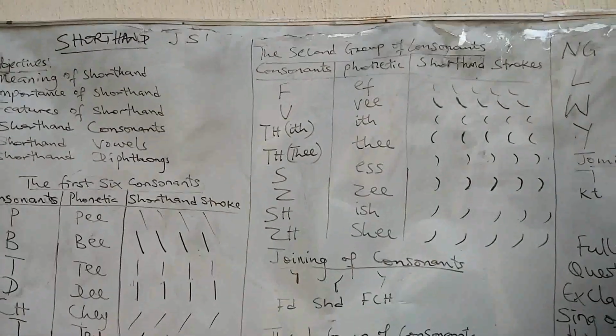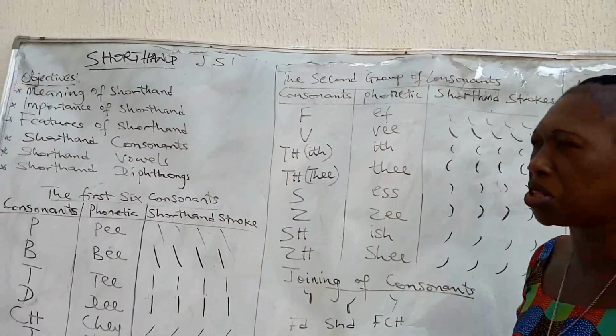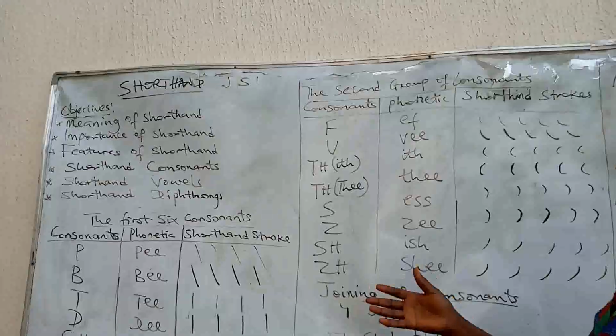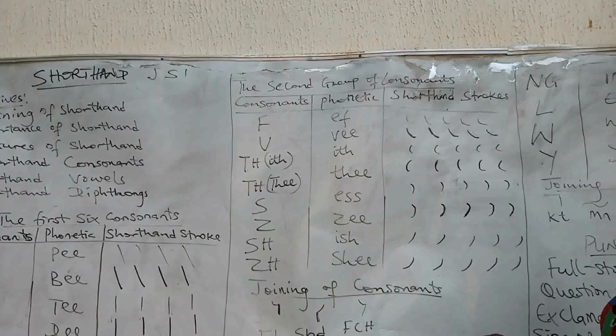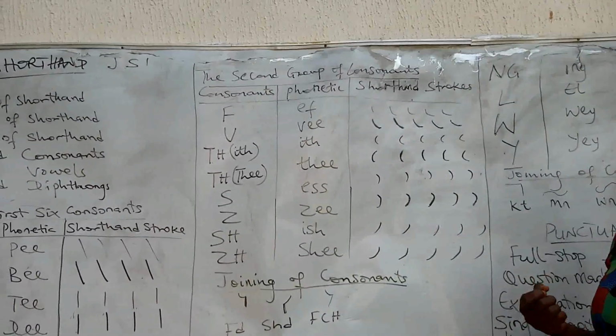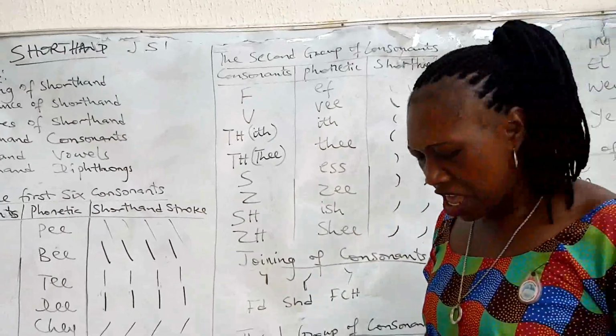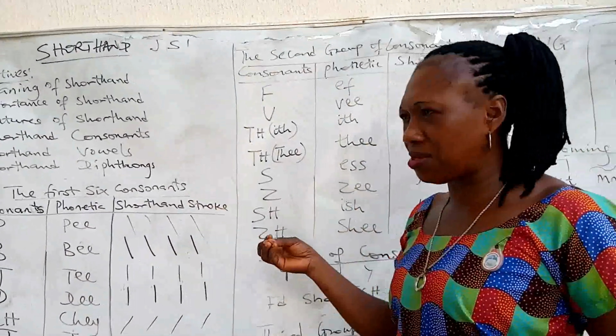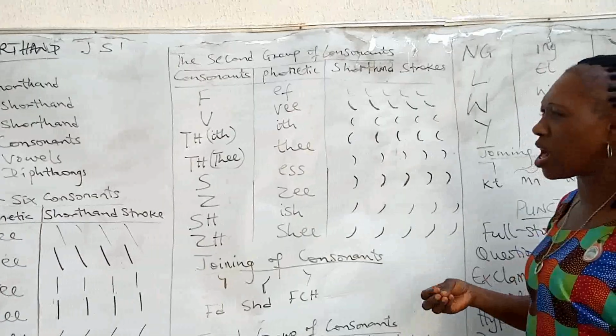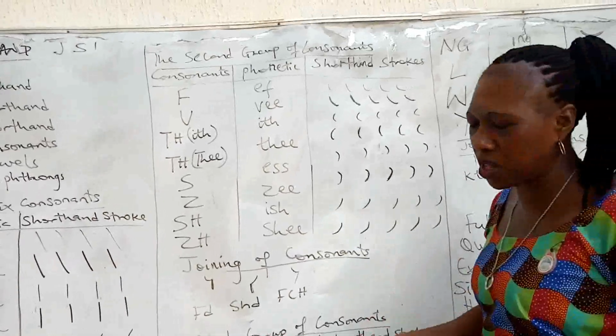Then the vowel sounds are written according to their positions. In the vowel sounds, we have first placement vowel, second placement vowel, and third placement vowel. Frequently occurring words: you know, in our sentences, we have some words that you use often.